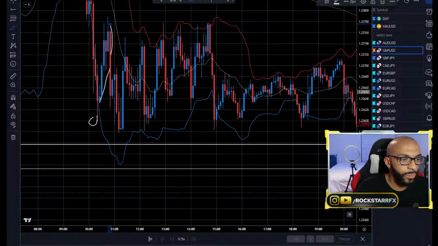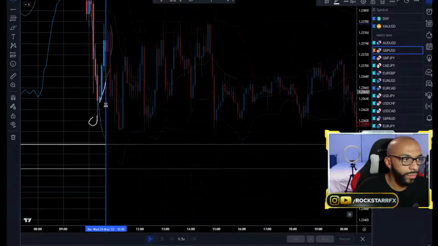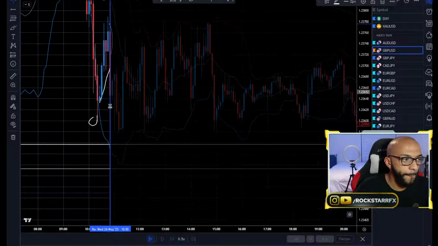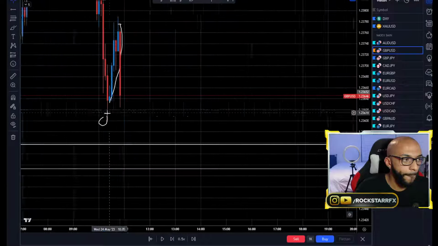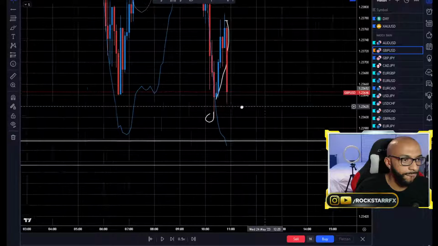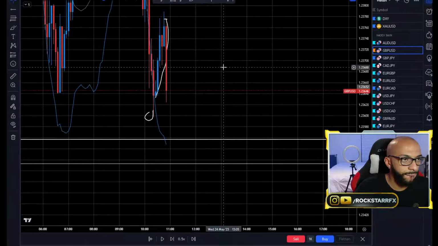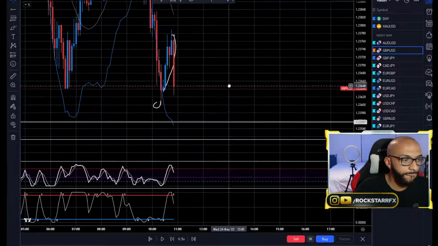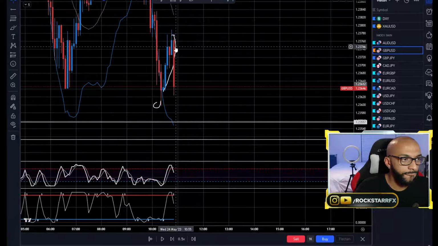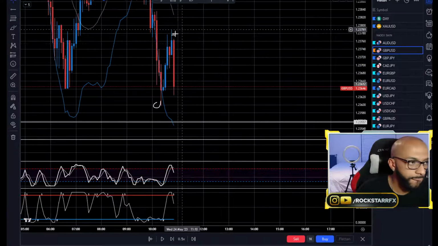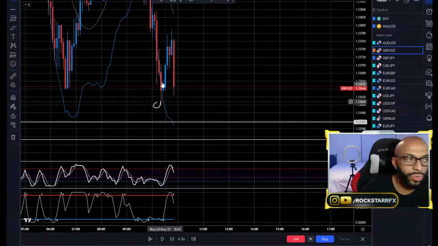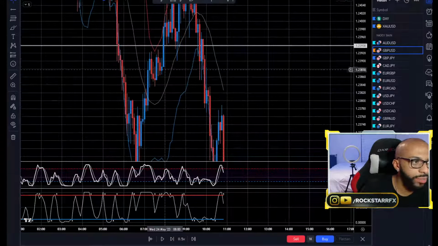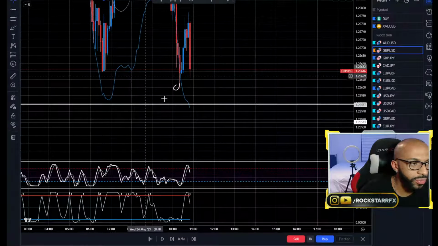Let's do this. All right, so it creates that new low after breaking. It was a breakout. So we got the breakout over here. Comes down, creates the low.